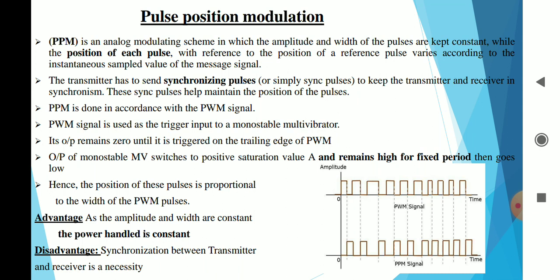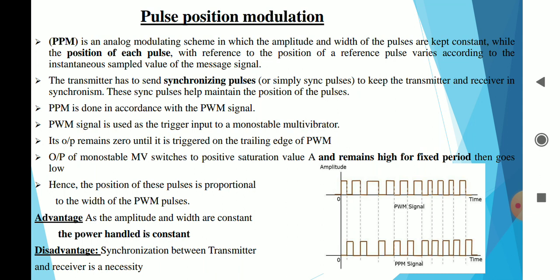PPM can be done in accordance with the PWM signal. That is, in order to generate a PPM signal, first of all we have to generate a PWM signal. This PWM signal is generally given to a monostable multivibrator, where the PWM is used as a trigger signal based on the condition whether it follows the trailing edge, the leading edge, or the center of the on time.